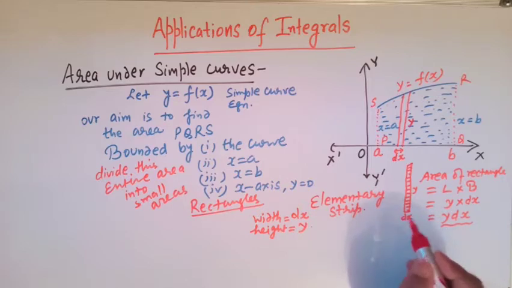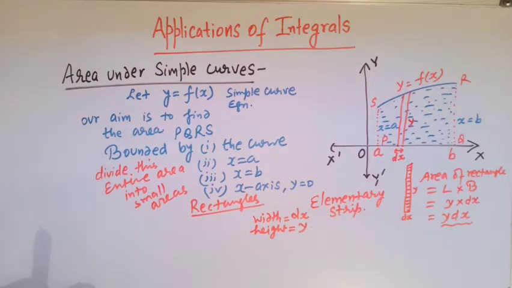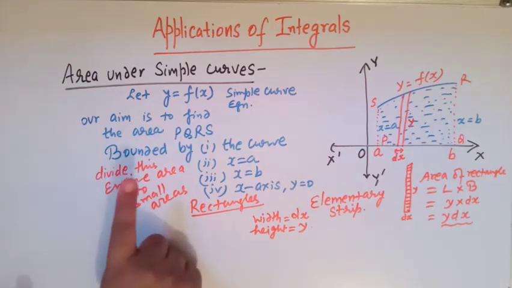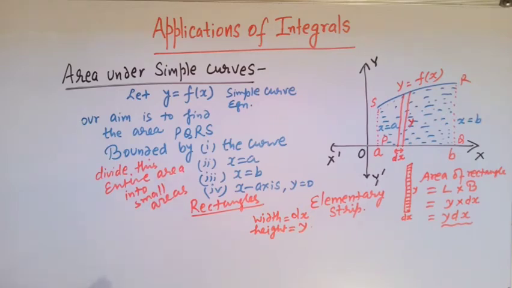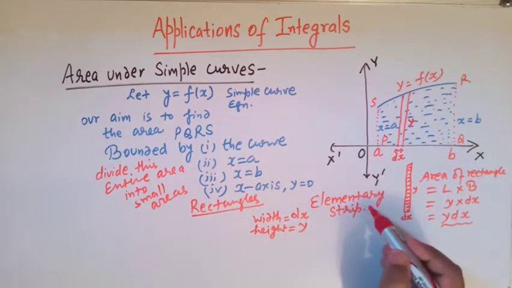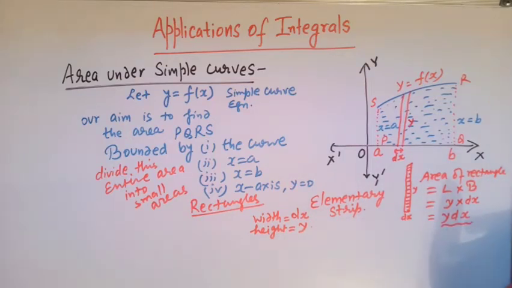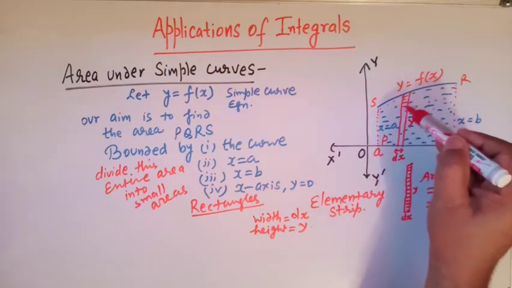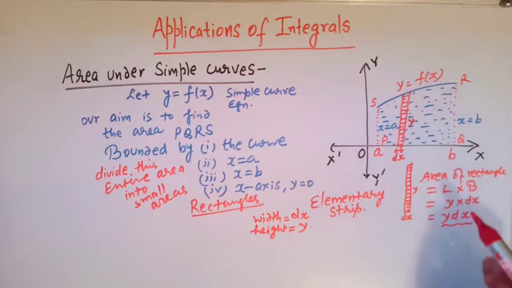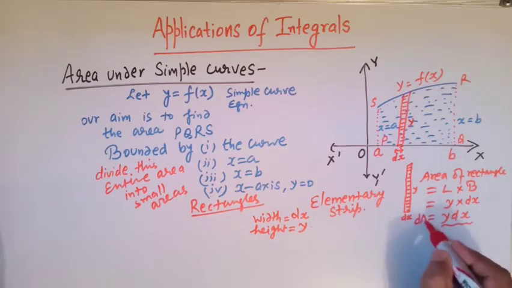Clear? Now what we will do, this entire area, that is this area PQRS, will now be divided into such elementary strips. And now we'll make use of the concept of definite integral. So the area of this elementary strip is y dx, and let us denote this area by dA.